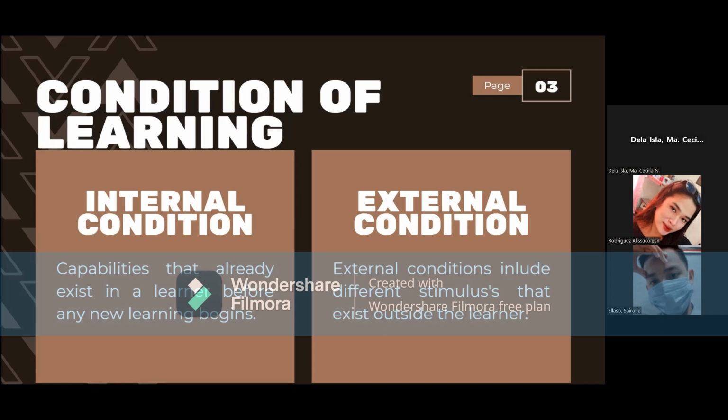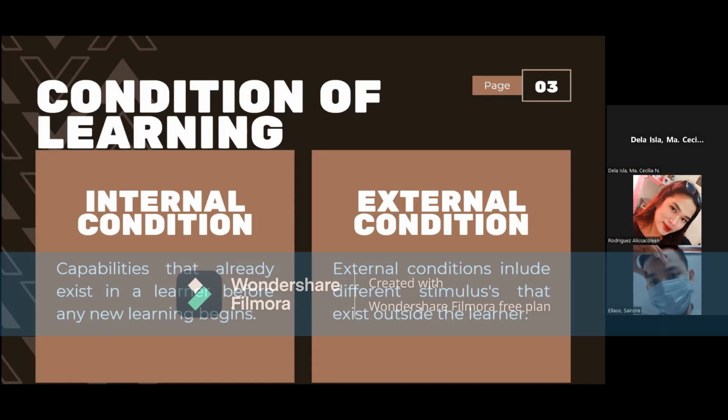So the internal conditions of learning include the prior knowledge of the learners, their motivation, attention, and also their memory. Gagne believed that students must be motivated and attentive in order to effectively learn.